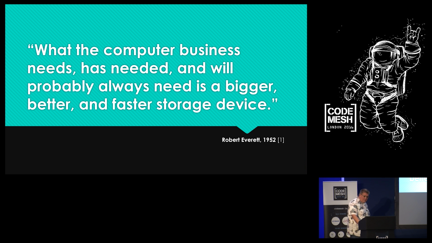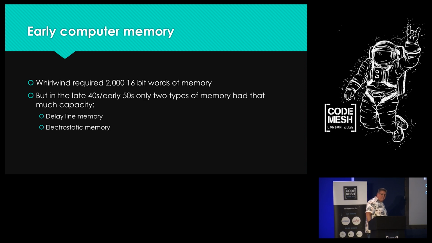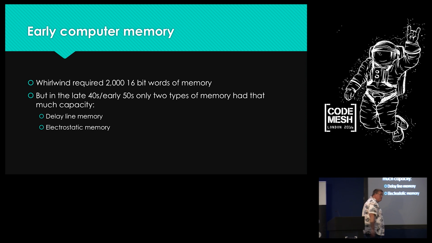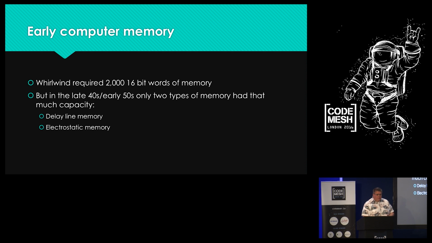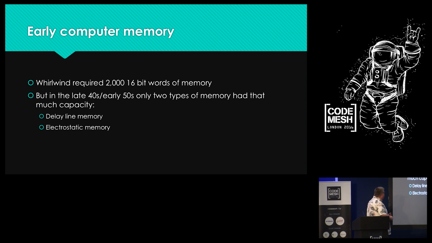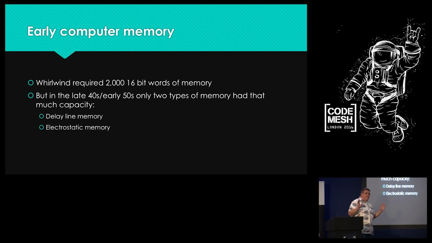No one? Okay. All right, so let's talk about computer memory, because I told you we were going to. So now it's time. Whirlwind needed 2,000 16-bit words of memory. And in the 40s and early 50s, there were only two types of memory that could provide that much capacity. And I know that sounds like a minuscule amount.